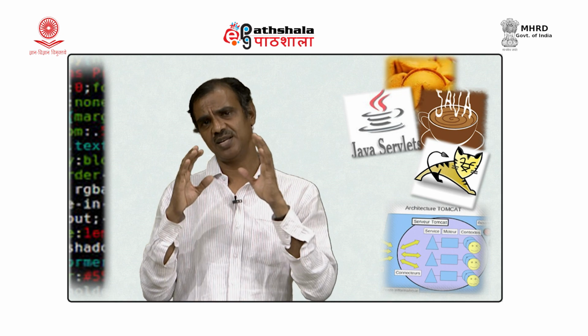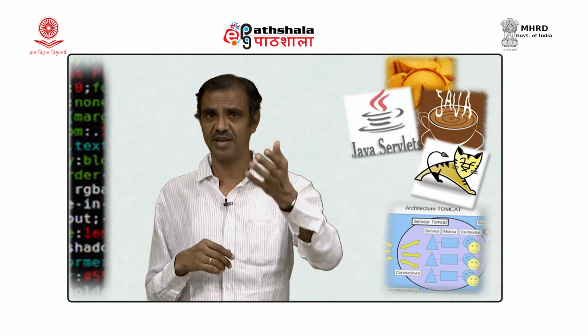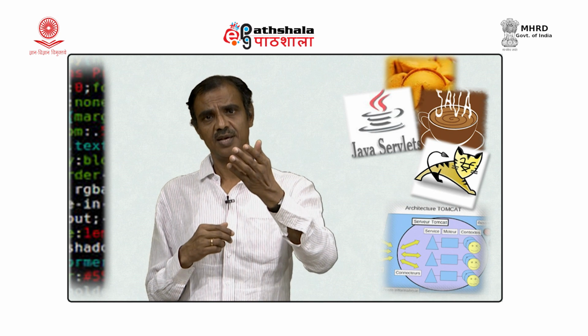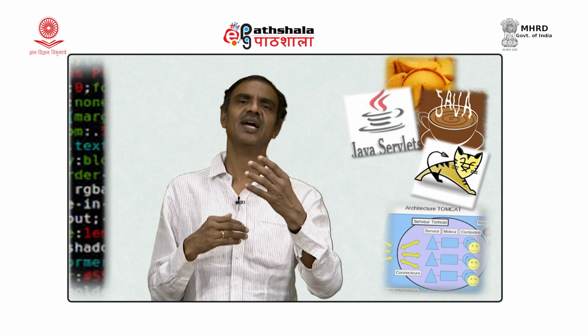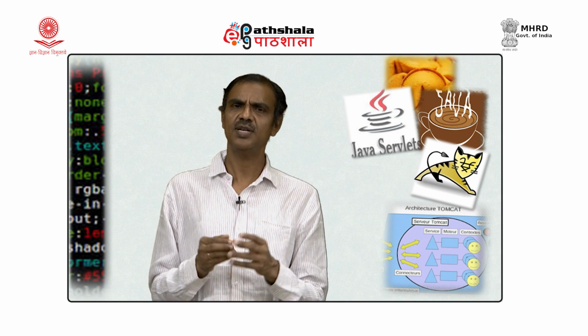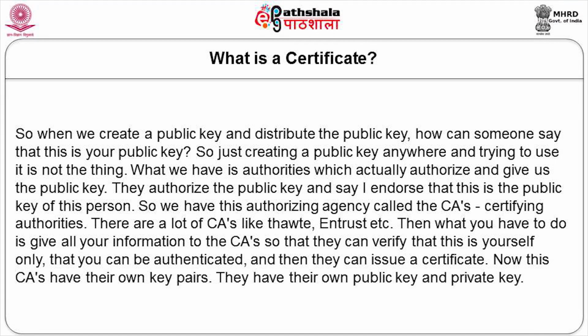A keystore can have several kinds of entries. One kind of entry is the key entries, and the other common kind of entries we have in a keystore are the certificate entries. What is this certificate? You say you are trying to endorse something, but how is it sure that this is your public key?